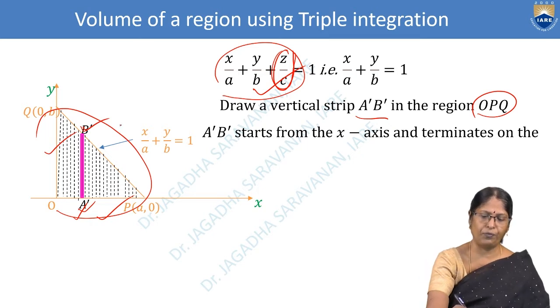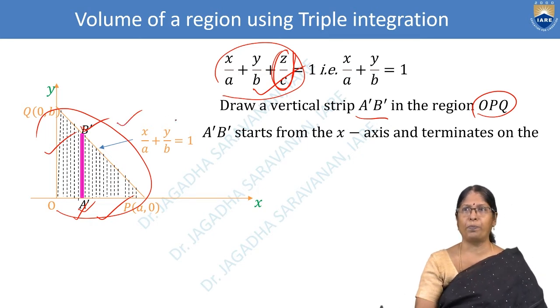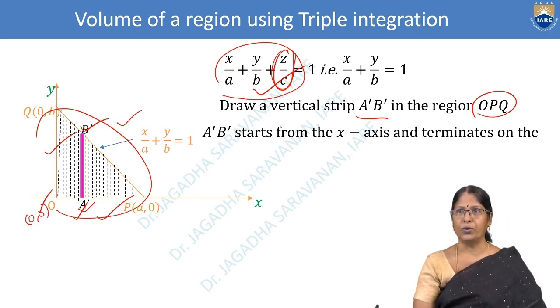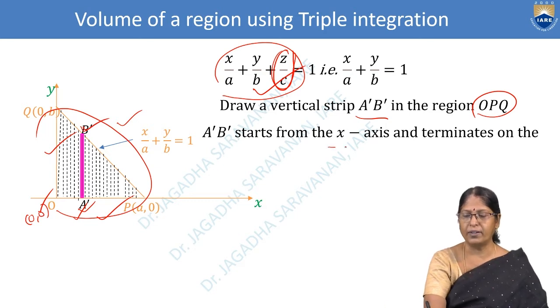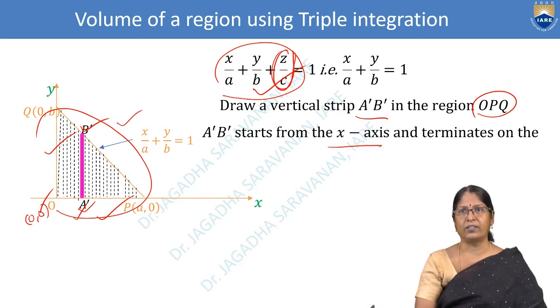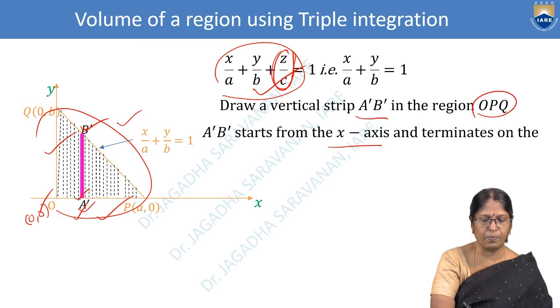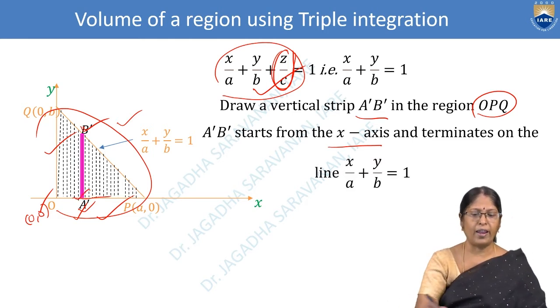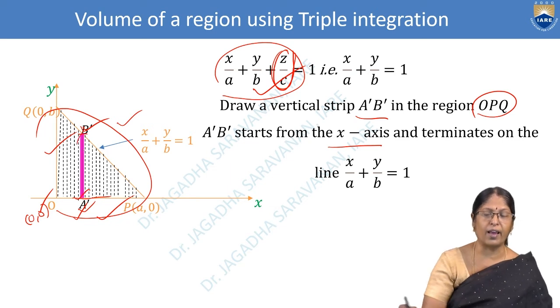So a separate figure of the XY plane is taken, from which we are going to extract the Y limits, from where to where. Y starts from 0. We can see the strip starts from the X-axis and it ends with this line.